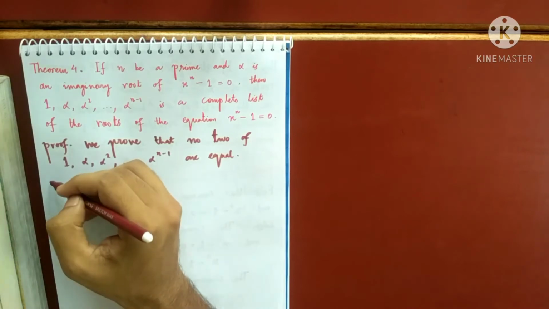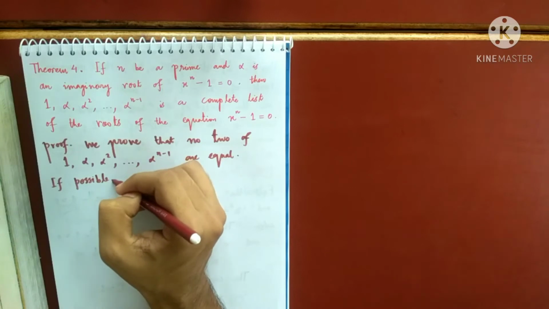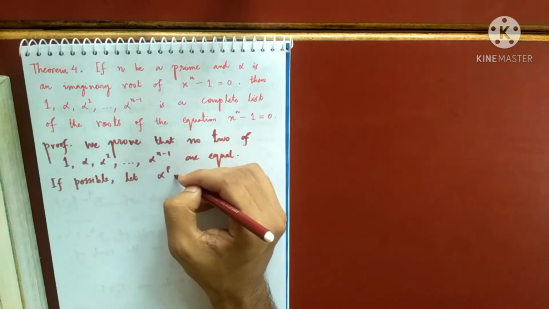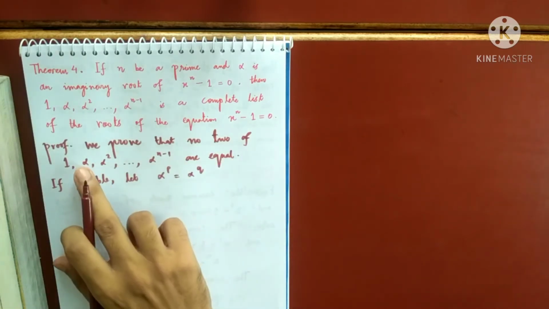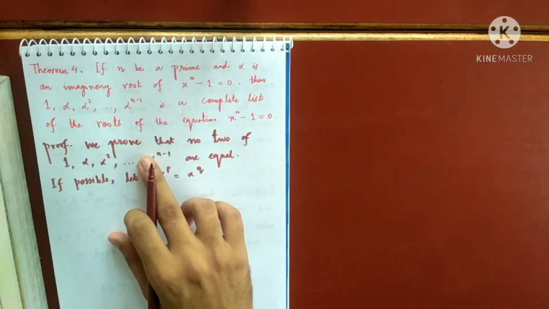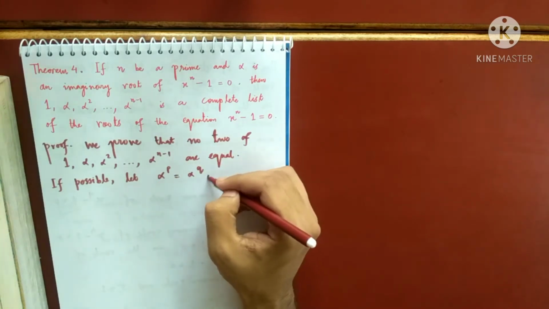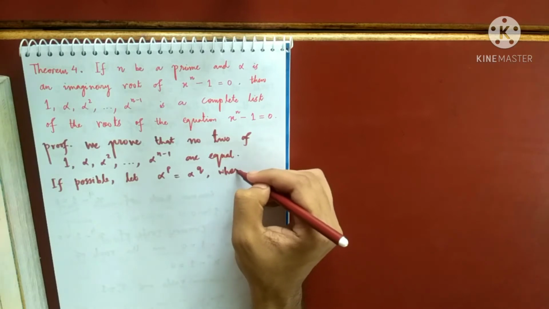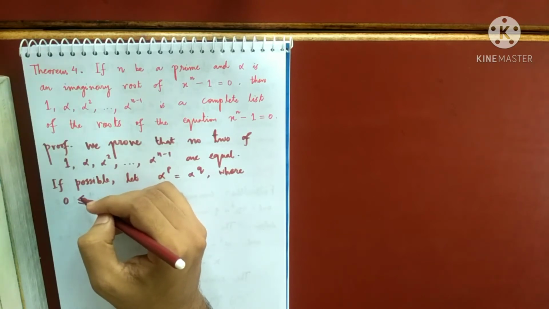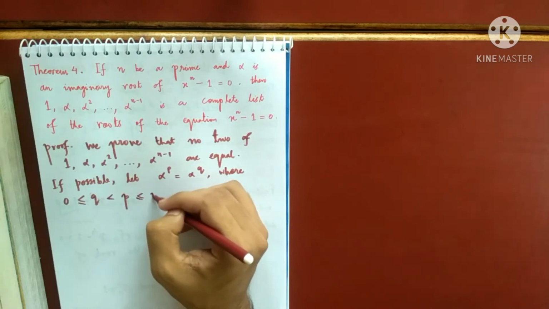So how to do it? Suppose, if possible, we use the method of contradiction. If possible, let alpha to the power p be the same as alpha to the power q. I am assuming that one of them is the same as another one, any two, where 0 is less than or equal to q, less than p, less than or equal to n minus 1.